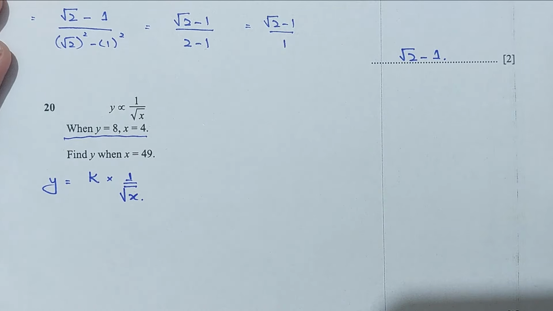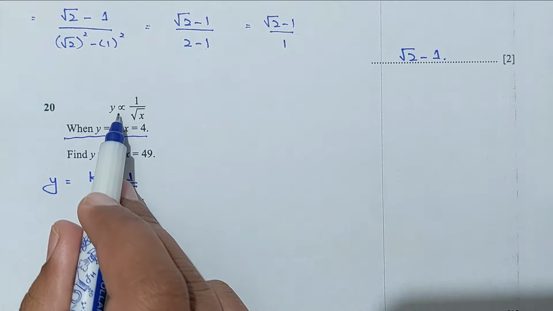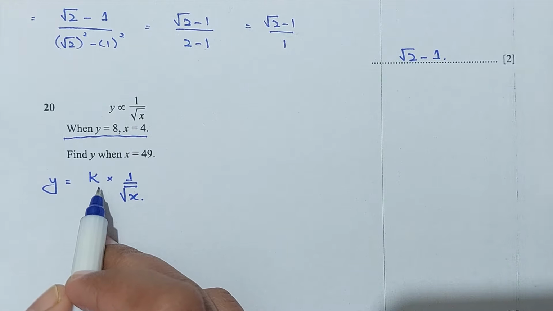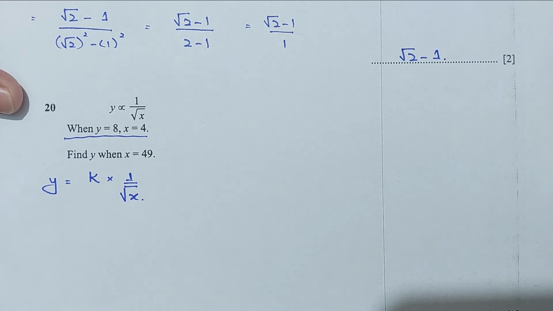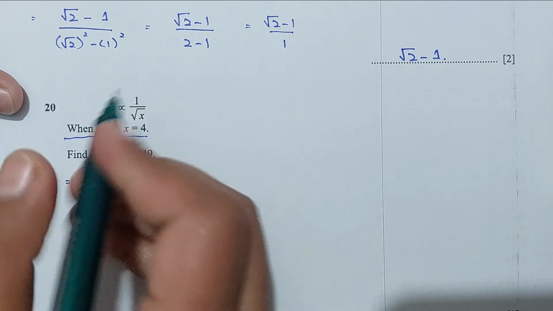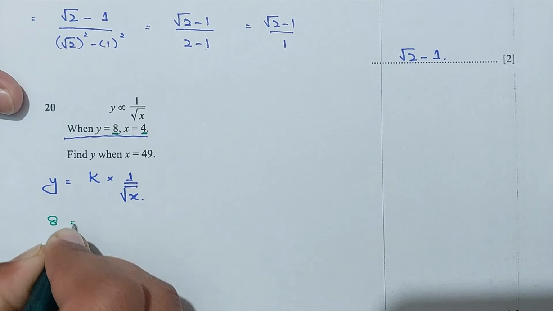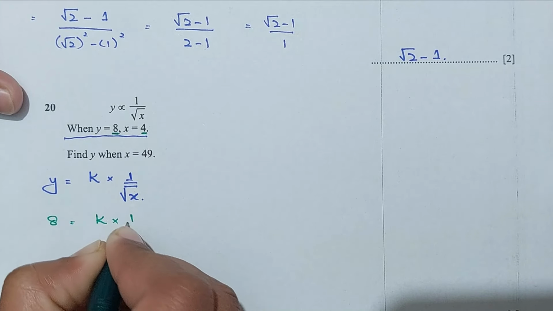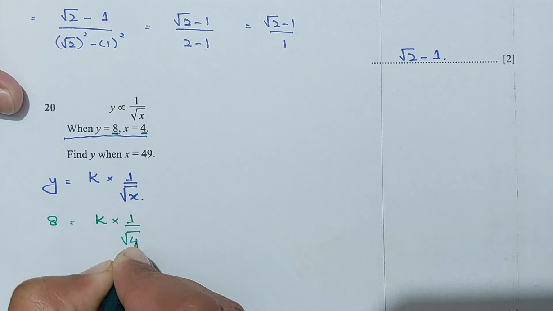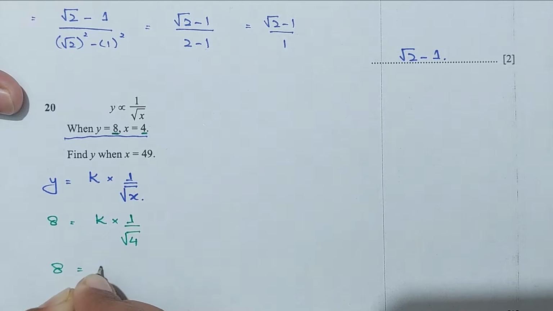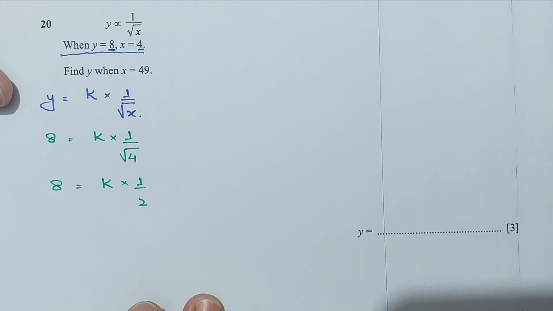Whenever we remove the proportionality sign, we have to add a constant of proportionality, right? To solve for this constant, we use the condition that y is 8 and x is 4: 8 equals k times 1 over root 4, so 8 equals k into 1 over 2. Root 4 is basically 2.